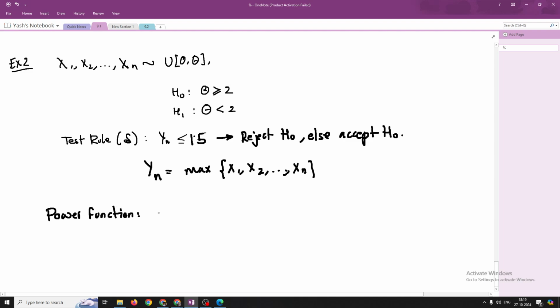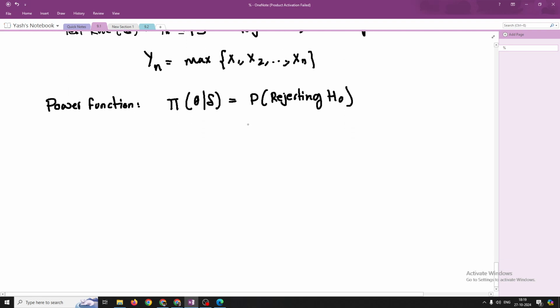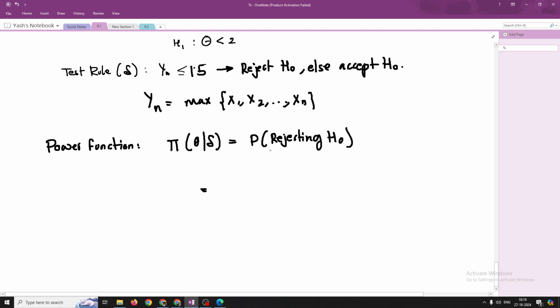The power function is just this delta, and it is just the probability of rejecting H naught. So write it down. There is no harm in writing it down a few times. Now what is the probability of rejecting H naught? When will we reject H naught? When Yn is less than or equal to 1.5, and to calculate this probability we need some value of theta, so we assume that to be theta.